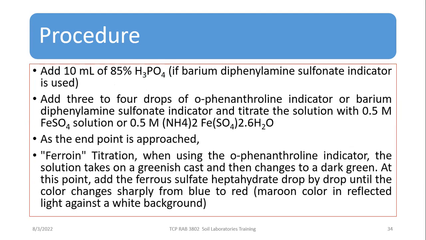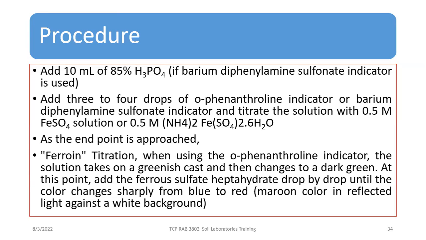Add 10 ml of phosphoric acid if barium diphenylamine sulfonate indicator is used. Add 3 to 4 drops of ferroin indicator or barium diphenylamine sulfonate indicator and titrate the solution with ferrous sulfate or ferrous ammonium sulfate.